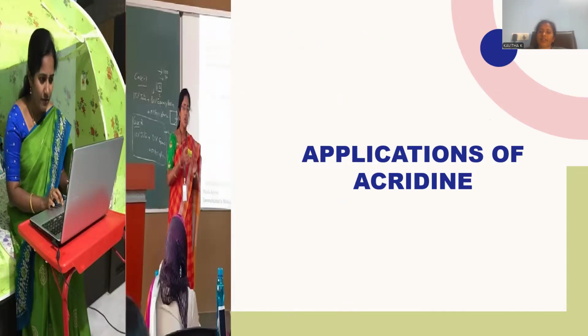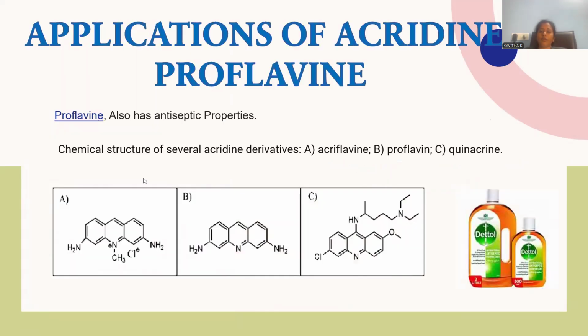Now, let me discuss the applicability of the acridine molecule in various dimensions, like pharmacological activity and material chemistry applications. Various platforms utilize this acridine molecule because of its higher potential for applicability.